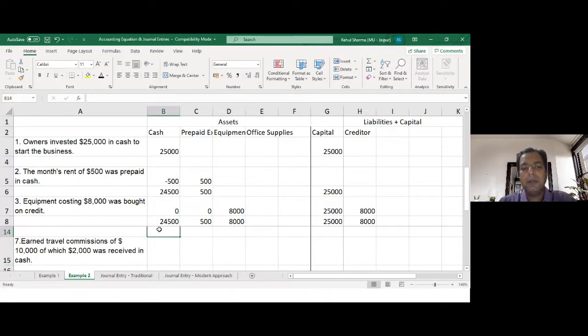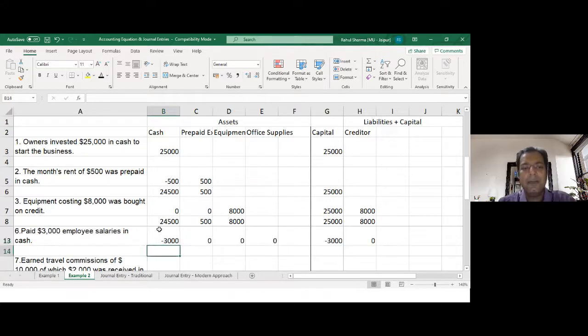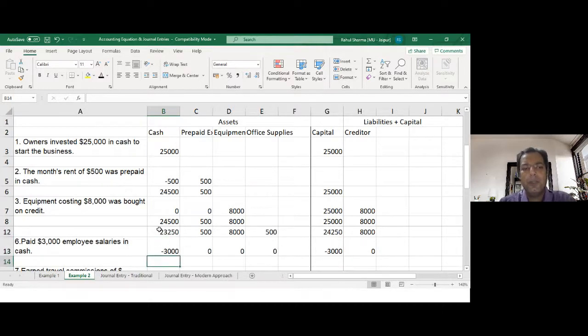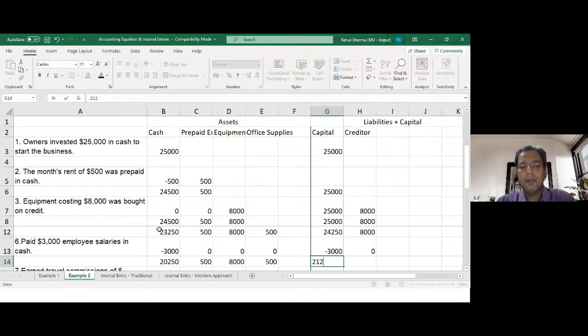So my new equation comes up where cash is 20,250, 500 for prepaid expenses, 8,000 for equipment, and 500 for office supplies. Similarly, 21,250 for capital and 8,000 for creditors.